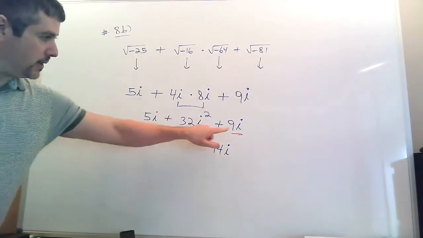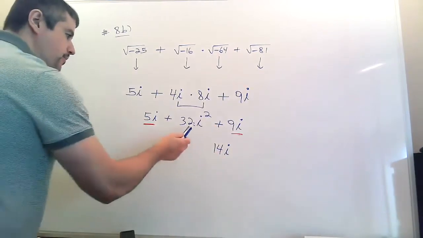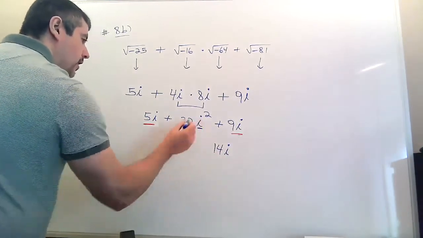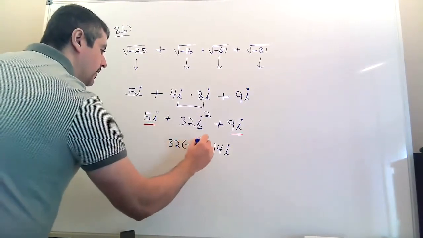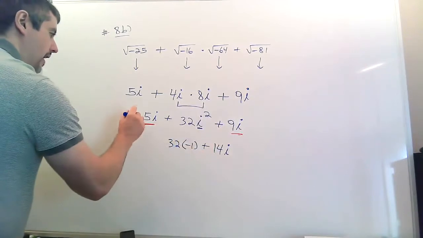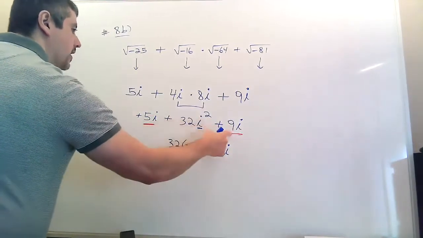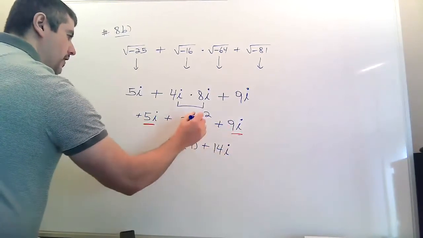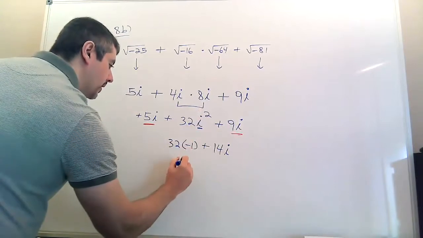If you have an ice cube and an ice cube, you don't have an ice cube squared. Now here, where the i squared is, you replace it with -1. Now this is positive, right? 5i plus 9i is 14i. This i squared gets replaced with -1, and then 32 times -1.